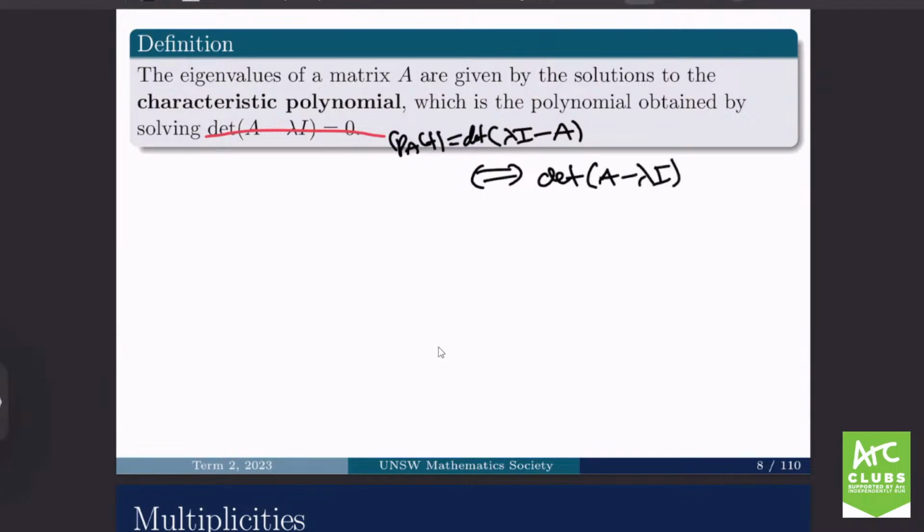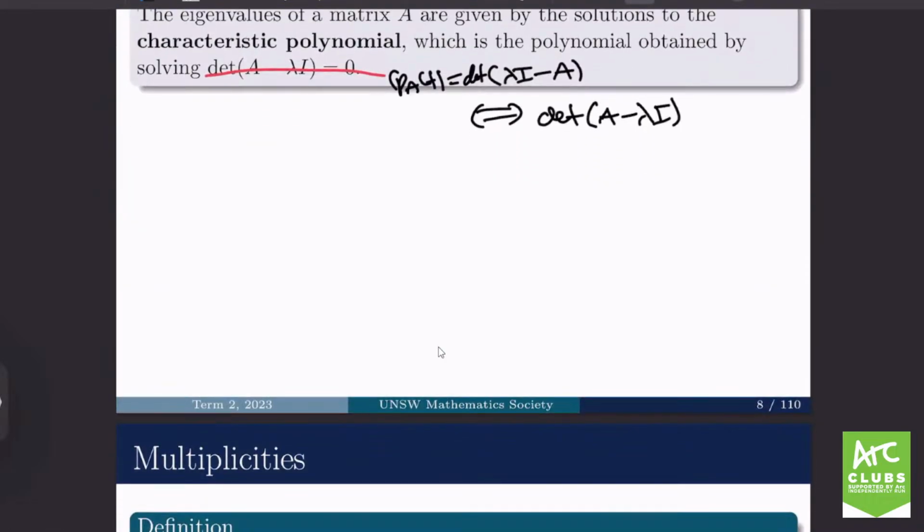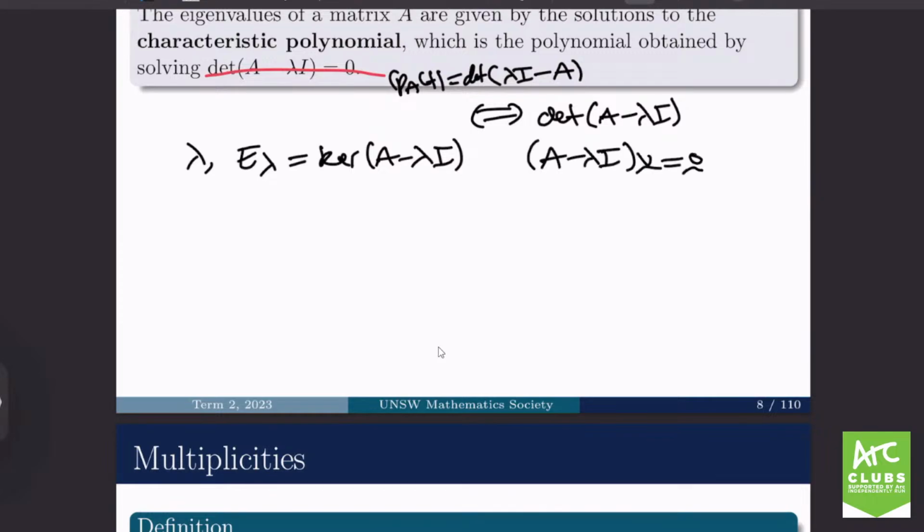Okay, so the reason why that's the case is because remember that for a particular value for lambda, so for a particular eigenvector, the eigenspace was equal to the kernel of A minus lambda I. So that's equivalent to saying (A minus lambda I)v equals 0 for non-zero v.